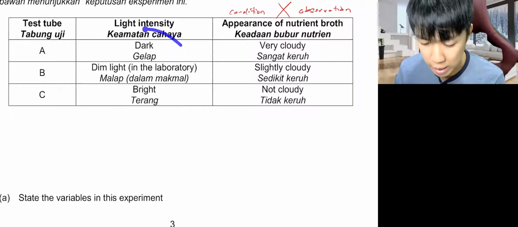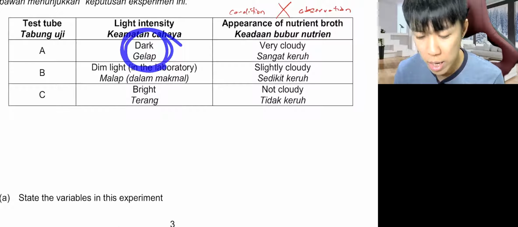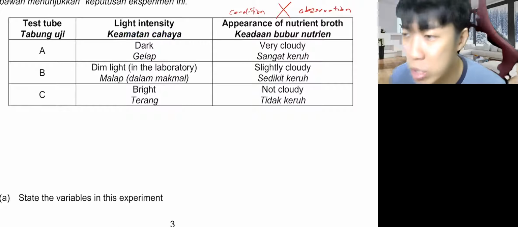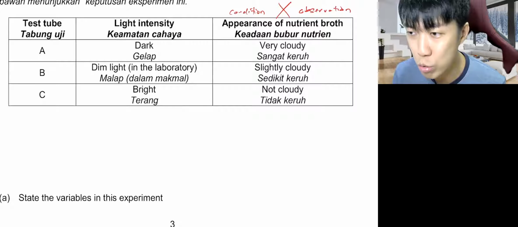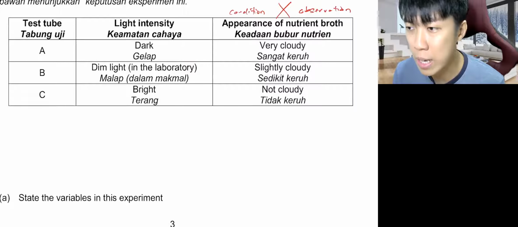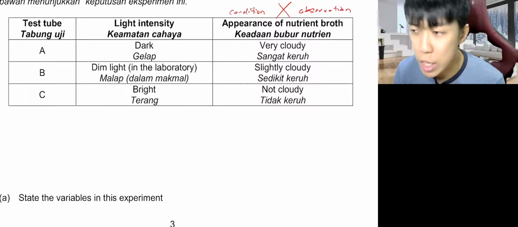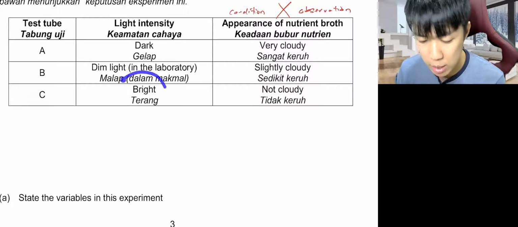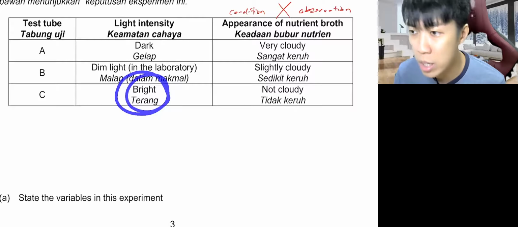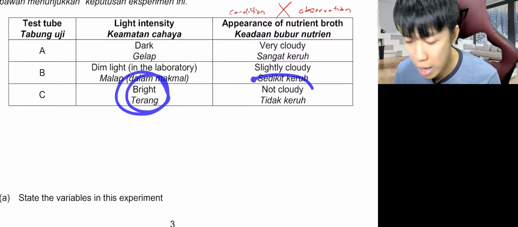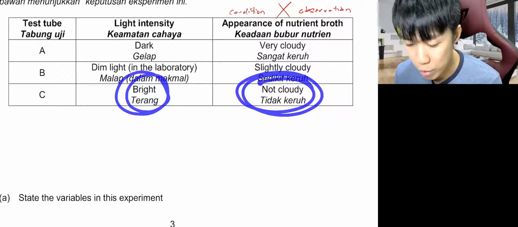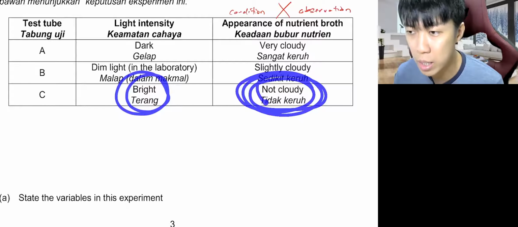Or vice versa, because you can do this. If the nutrient broth, okay, so I suggest the front part, you change. If there is light intensity in the test tube, the part you change to: if the nutrient broth is in bright condition, then the nutrient broth will not turn cloudy.